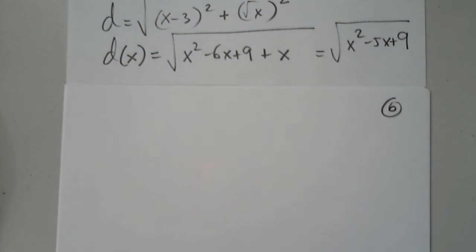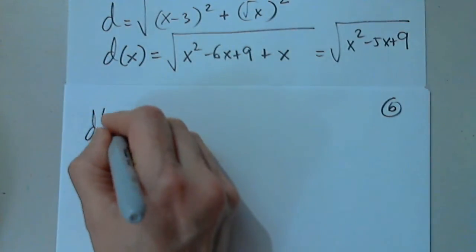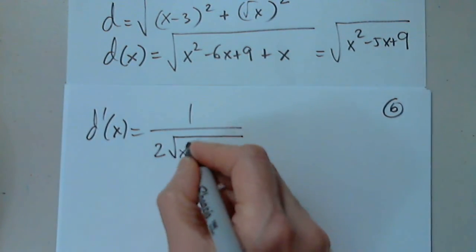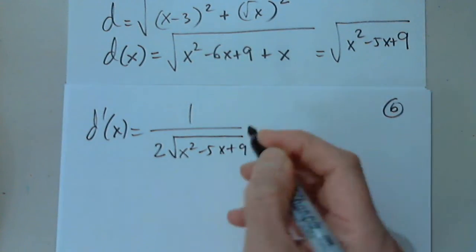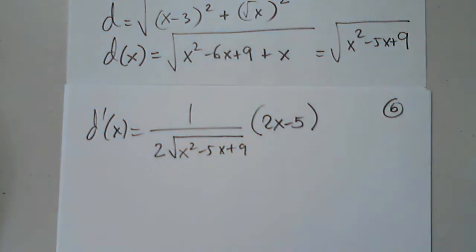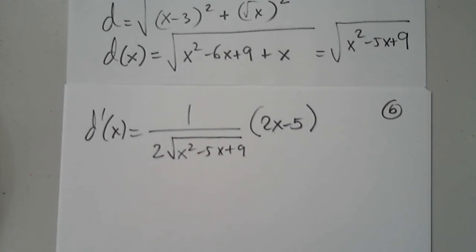So the difficult part may be how to find the function, but the rest should be easy. D prime of x is 1 over 2 times the square root of x squared minus 5x plus 9, times 2x minus 5. So I have the derivative. What now?